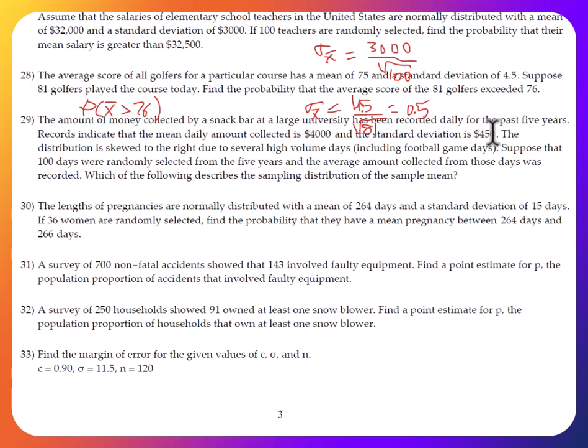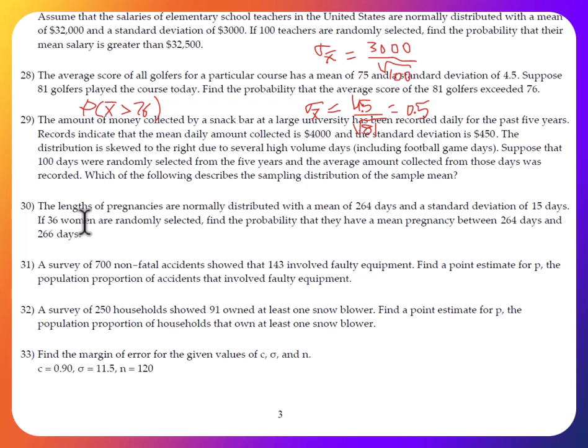It will be 450 divided by the square root of 100. The square root of 100 is 10. So it will be 450 divided by 10, which is 45. So if this was a multiple choice question, you would select this answer: the distribution of the sample means is normal. The mean is 4,000 and the standard deviation is 45.